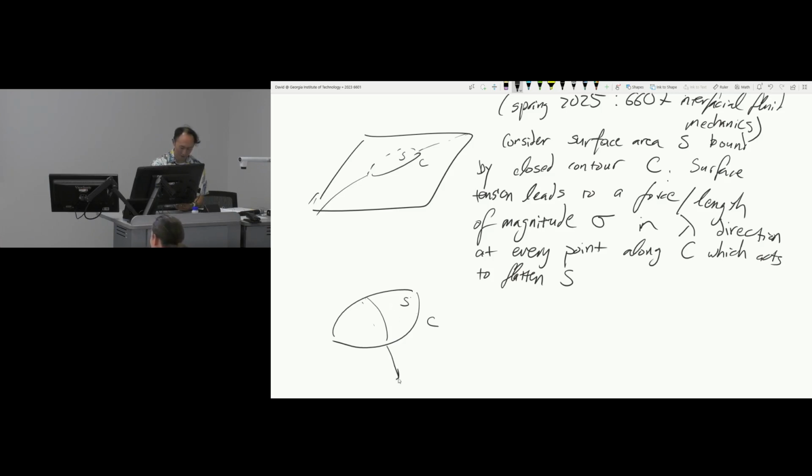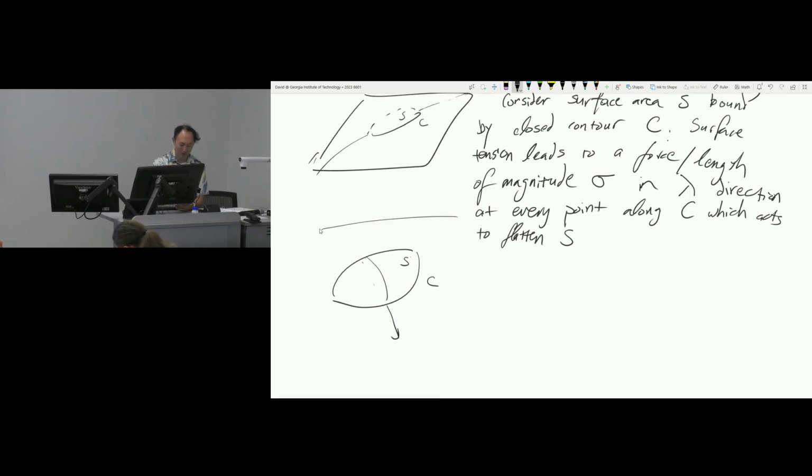And there are three vectors I want to draw. So you imagine you're still in the plane.